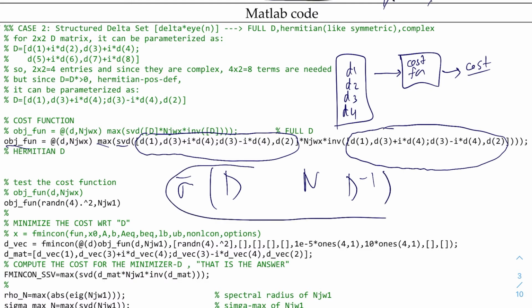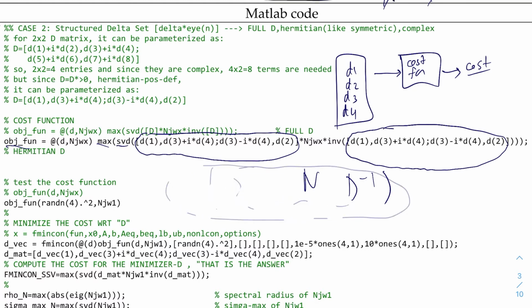We are just interested in computing sigma max of D M D inverse for a given D, by using D, by which we parameterize our D matrices.